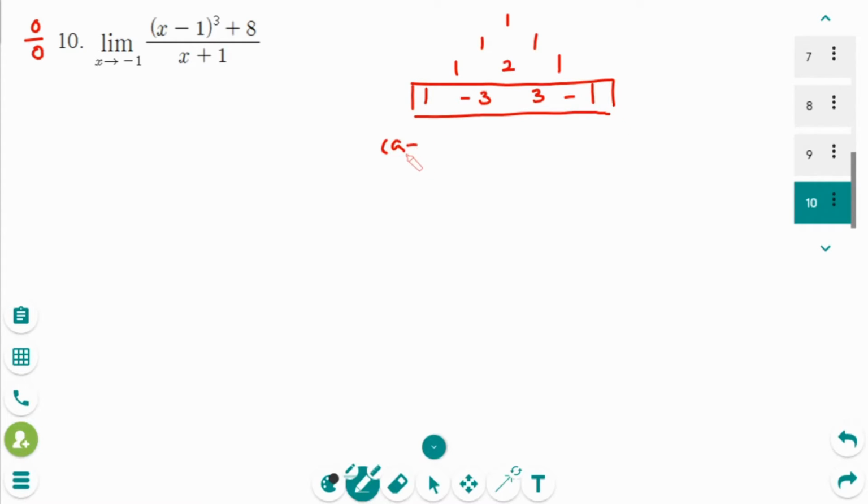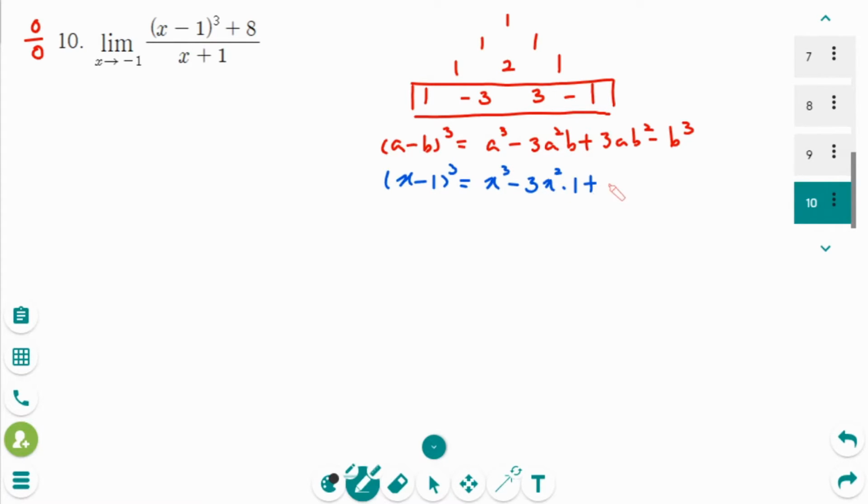So a minus b cubed equals a cubed minus 3a squared b plus 3ab squared minus b cubed. So x minus 1 cubed equals x cubed minus 3x squared times 1 plus 3x times 1 squared minus 1 cubed, which equals x cubed minus 3x squared plus 3x minus 1.